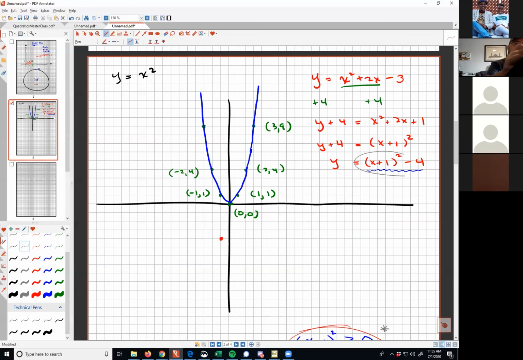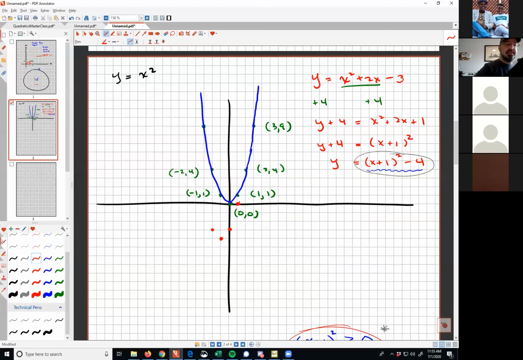plug in here. When we go up to 0, now we have 1 squared minus 4. If we go down to -2, we have (-1) squared, which is 1, minus 4, which is -3. Now if we go 2 up from -1, plug in 1, we get 0.